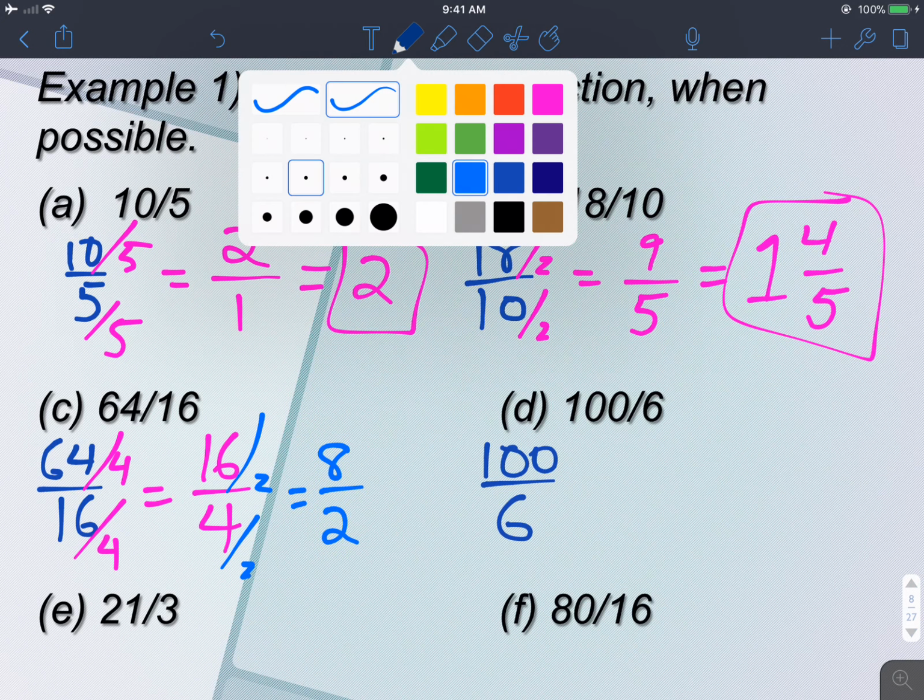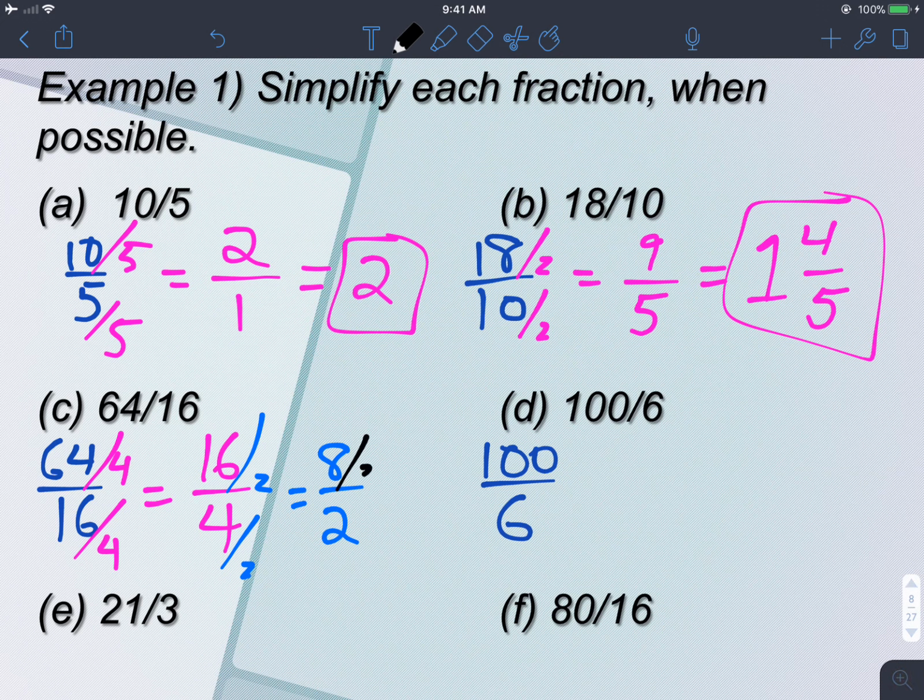Can we go further? So that's what I mean by starting with small numbers, right? Because you just keep going and eventually you'll get to the right answer. It turns out that 16 is a factor of 64.